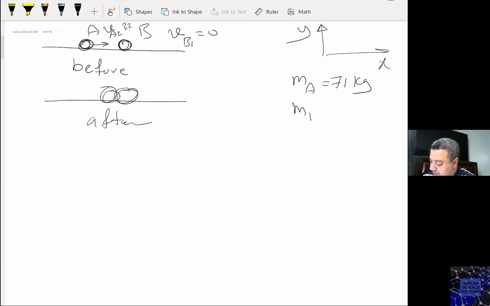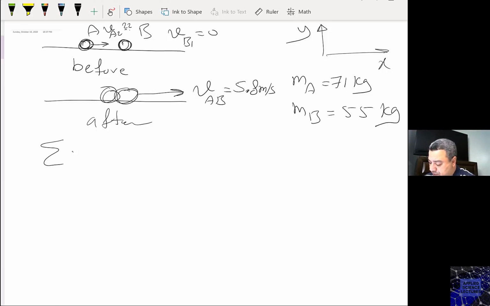I have MB as 55 kilograms. And then they will go with a velocity. Let me call this one VAB equals 5.8 meters per second.